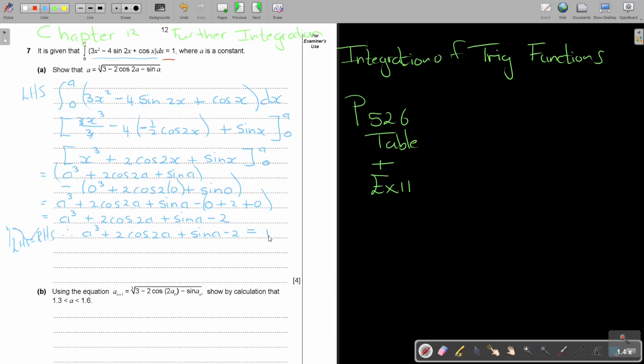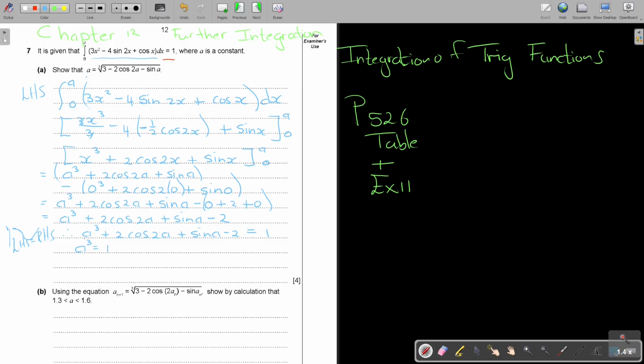Now I can start playing. I see a must become the subject, the a on its own. So leave the a cubed on this side and take everything to the other side.